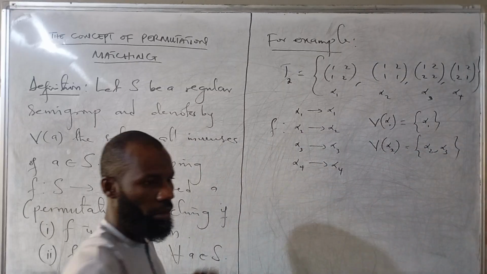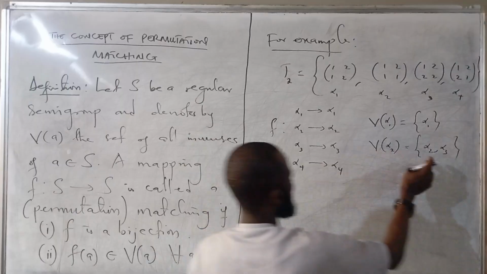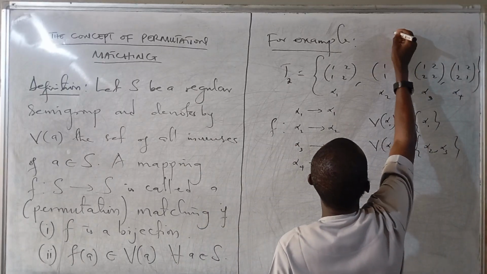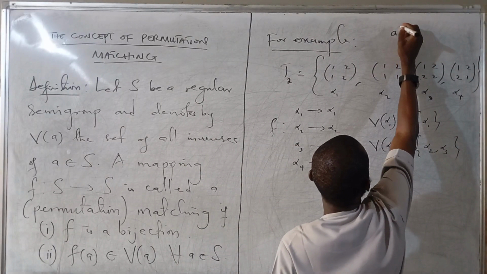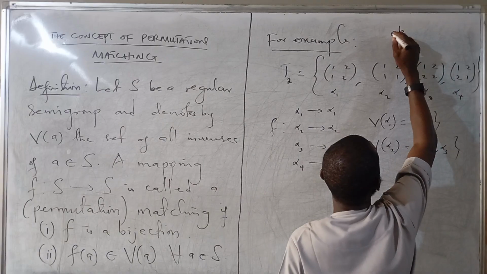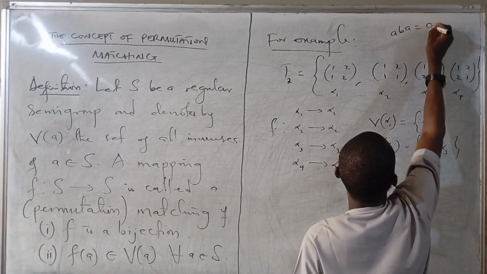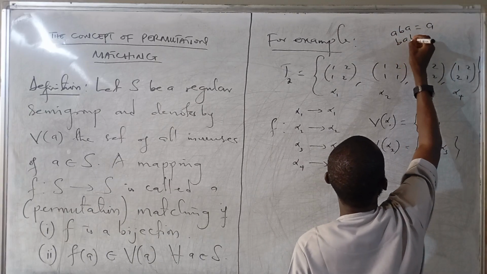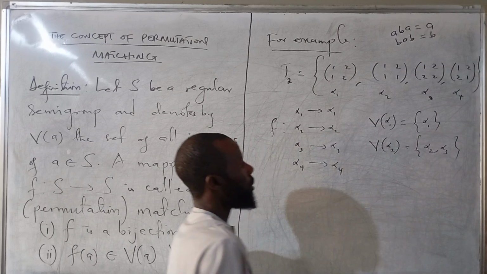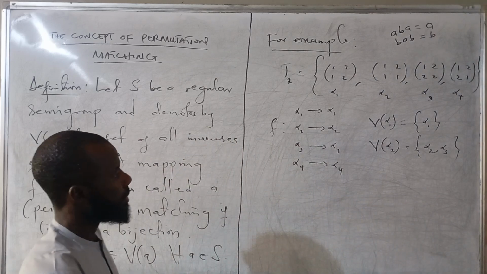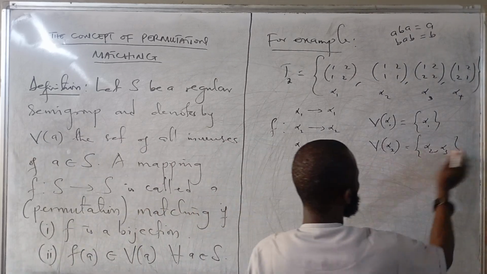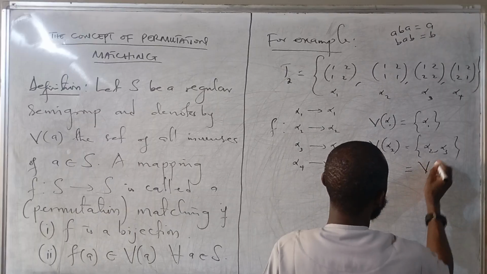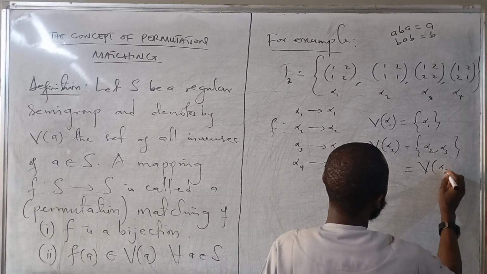By the definition of what we call inverse, the inverse of an element A means another element B such that ABA is equal to A and BAB is equal to B. This is what we call an inverse of an element. And this is also the set of inverses for alpha 3.